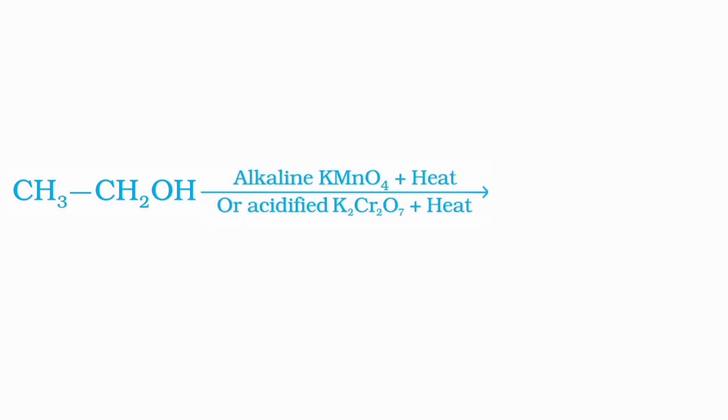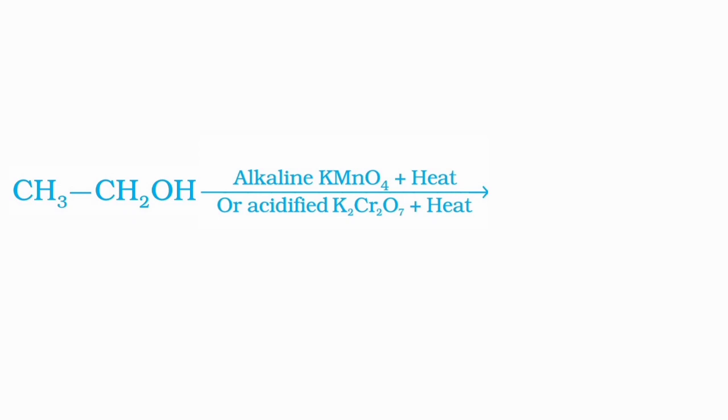So they convert alcohols. Now this is ethanol, as two carbons are present, and OH is a functional group, of course, so alcohol. So ethanol, in the presence of alkaline potassium permanganate or acidified potassium dichromate, gets converted into ethanoic acid. Now these are oxidizing agents, so they will add oxygen to the alcohol and will convert alcohol into carboxylic acid.